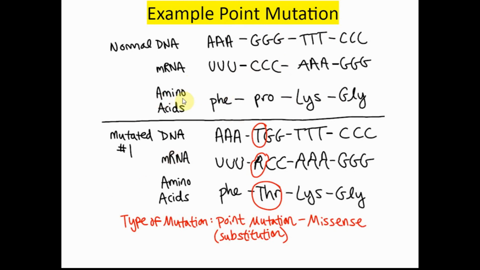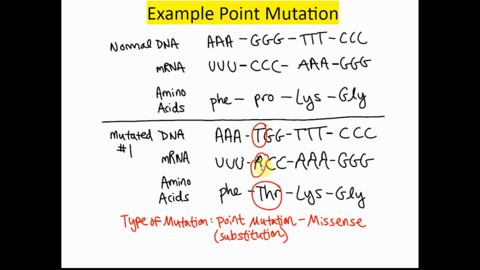All right, now let's say I have a substitution of a base. What happened here is where we normally had a G, we substituted a T instead. That changed the mRNA base to an adenine.